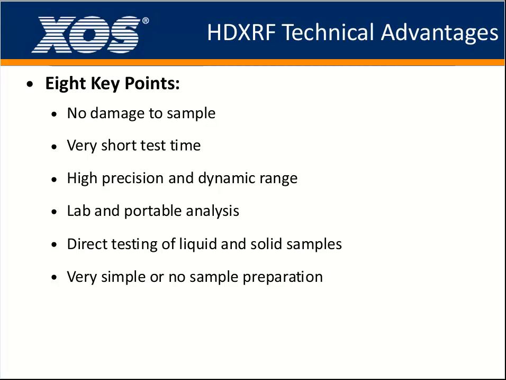For screening, generally we can use half a minute to do the screening job. We can get a general idea of what the possible contamination elements in soil and water are. And if you want better results for quantitative purposes, then we can use 10 to 15 minutes. But compared with other techniques, it is a relatively short test time.